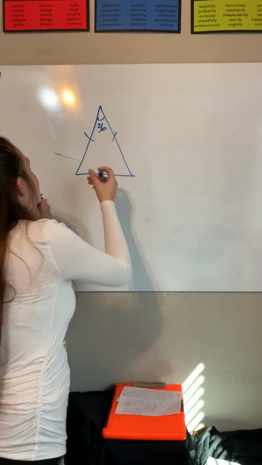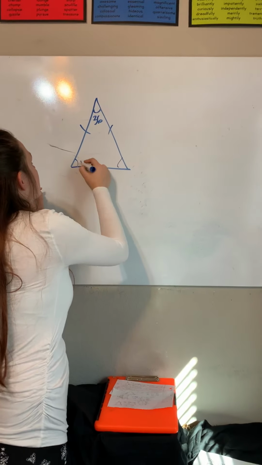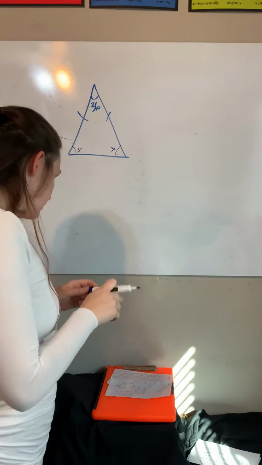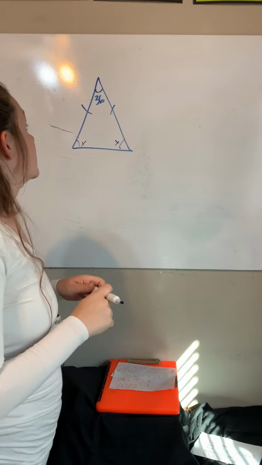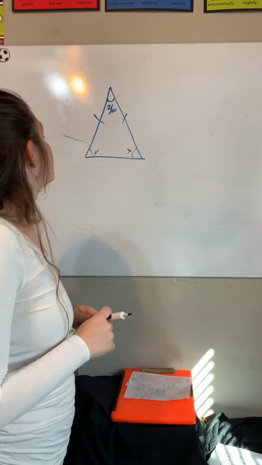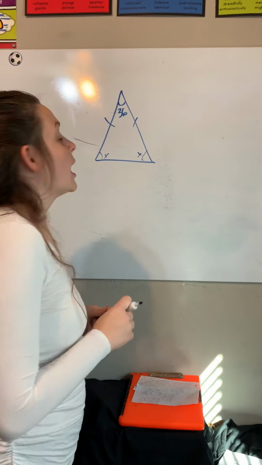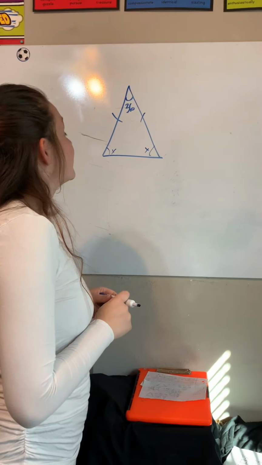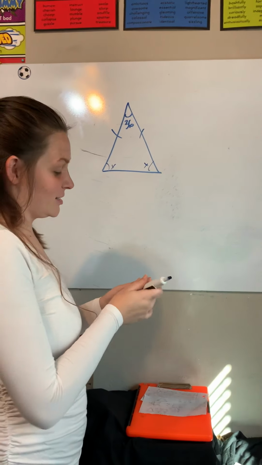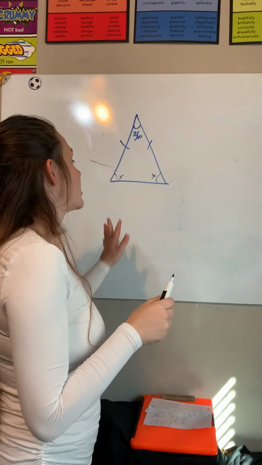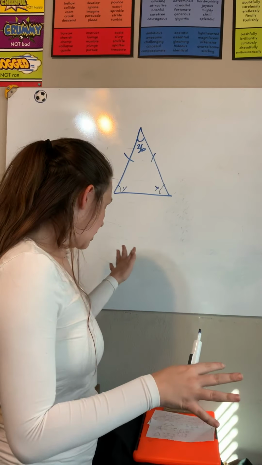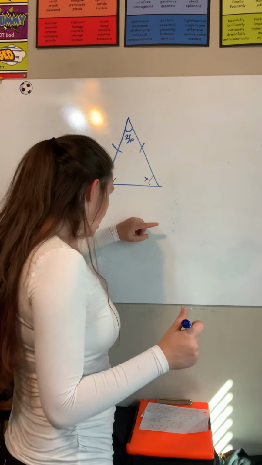So we're just going to make this angle X and this angle X. Well, we know it's an isosceles triangle. And I'm not even going to guess whether it's an obtuse or acute angle that we're trying to find this time. But, needless to say, this is how we're going to set it up.